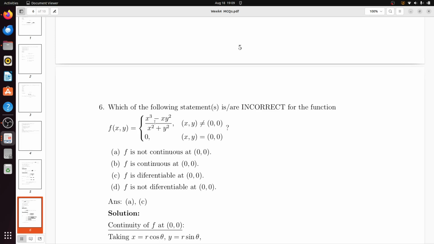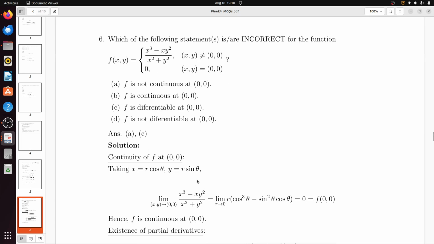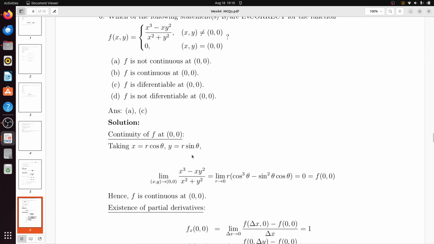We will just put x equal to r cos theta and y equal to r sin theta.